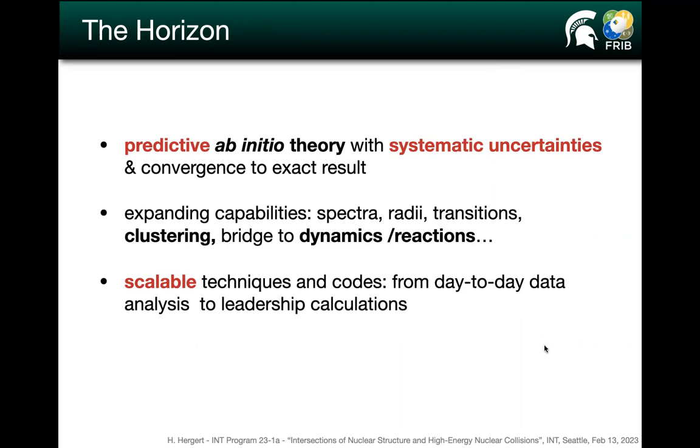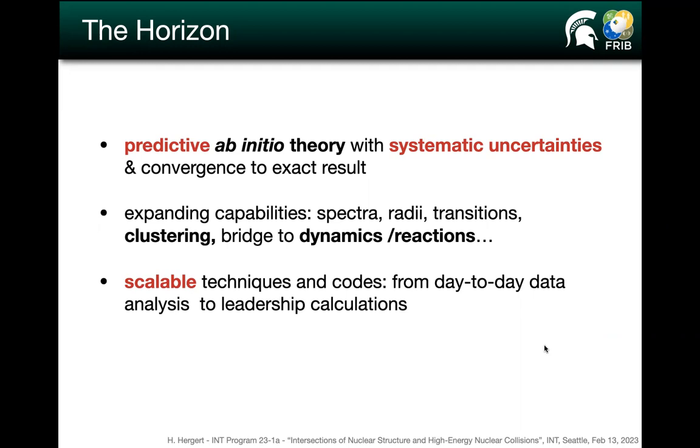I hope I've convinced you that there's a clear route to go there from low energy QCD, following a tower of theories, and then pinning down the uncertainties as you go from step to step, even though a lot of work has to be done still to pin down those uncertainties, and that we're working very hard as a community to expand our capabilities and to compute more interesting observables.